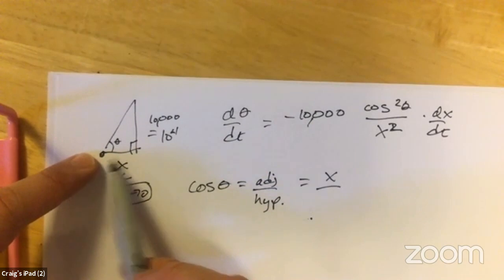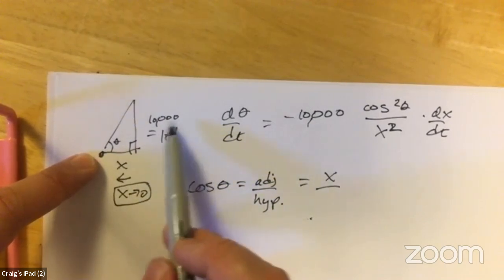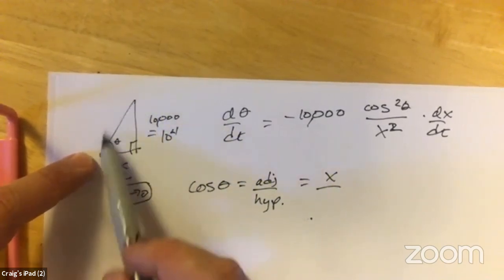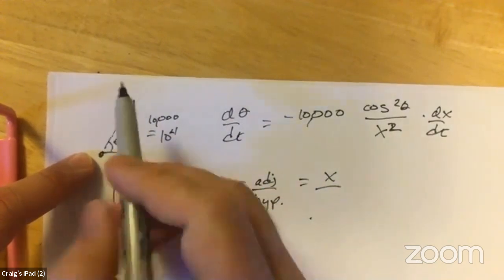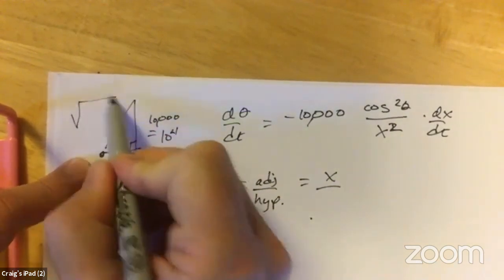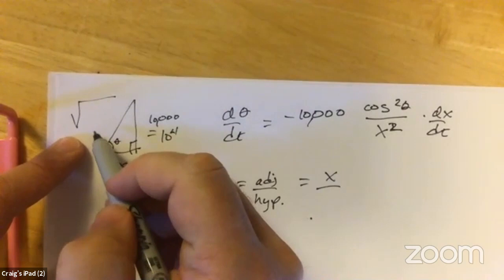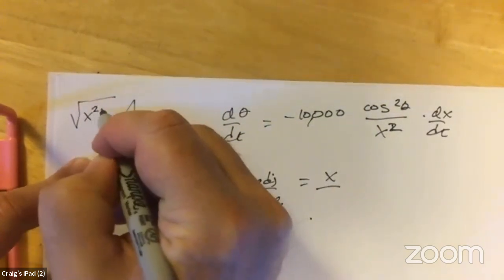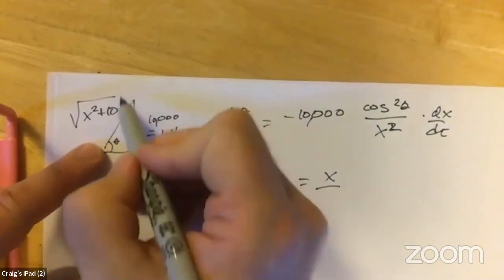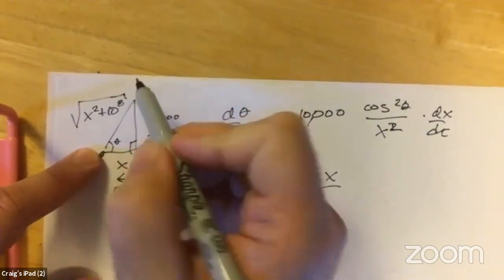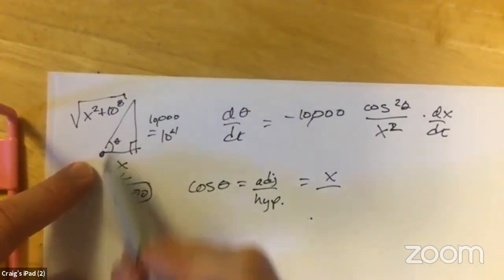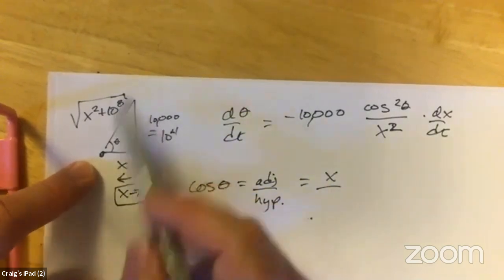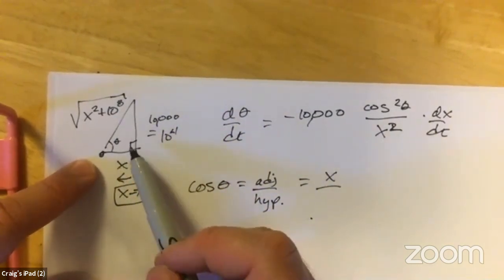Now I know x squared plus 10 to the 8th has to equal this side squared. So the length of this side has to be the square root of this squared plus this squared, and 10 to the 4th squared is 10 to the 8th. So that's the hypotenuse thanks to the Pythagorean theorem, skipping one step of algebra.